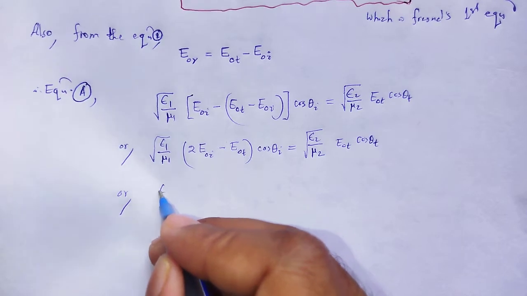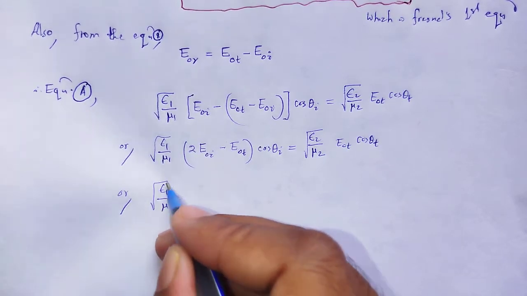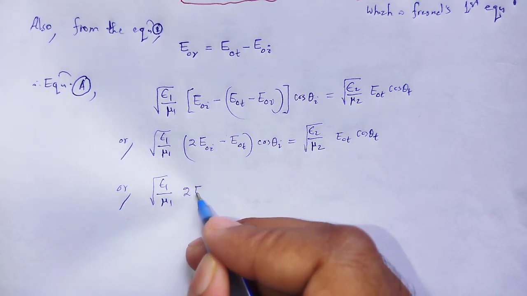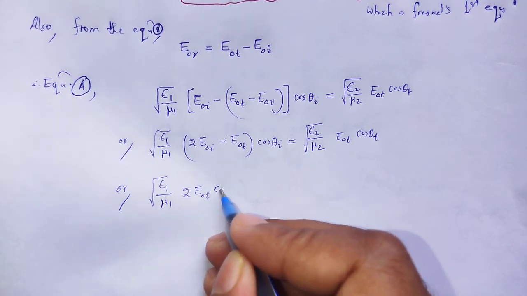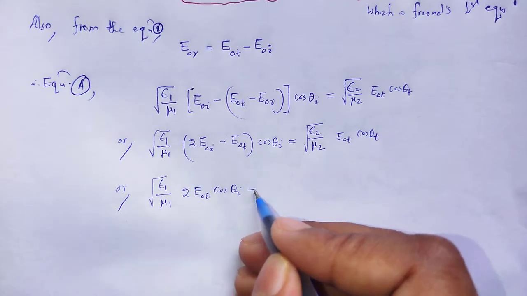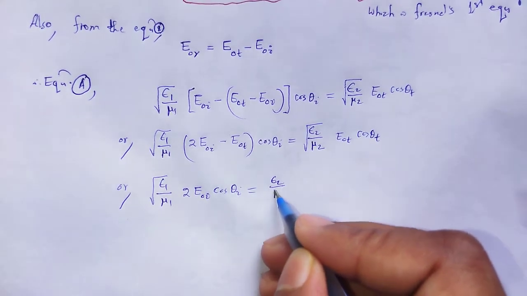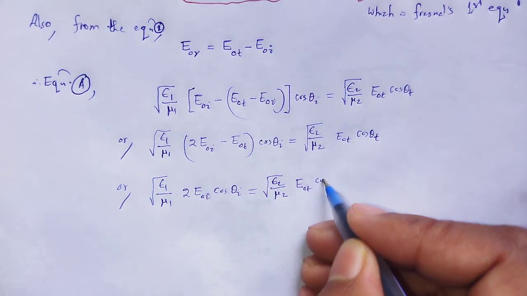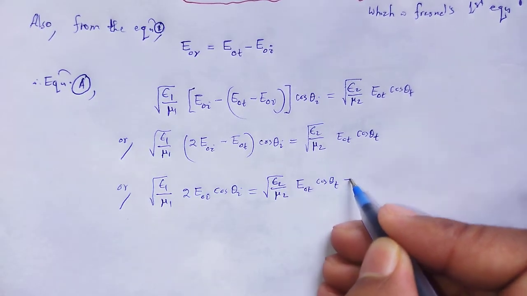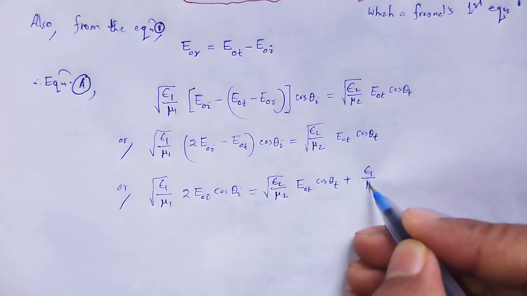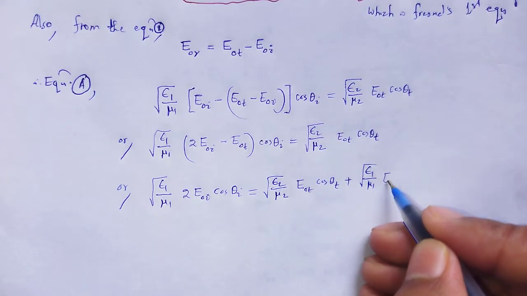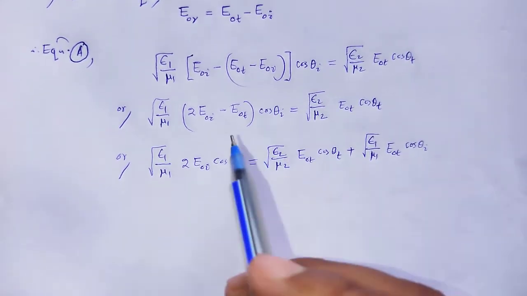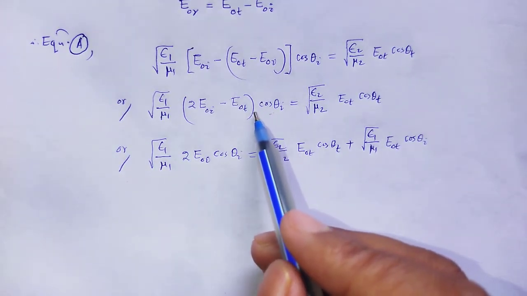Or 2 square root of epsilon 1 mu 1 E0I cos theta I is equal to square root of epsilon 2 mu 2 E0T cos theta t plus square root of epsilon 1 mu 1 E0T cos theta I, the term to this side.